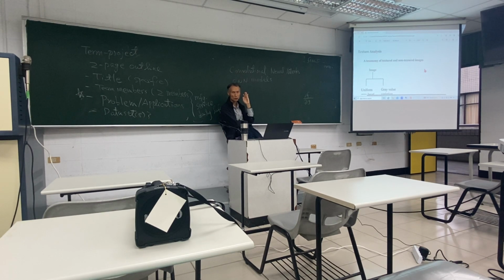So I will take this opportunity to introduce the so-called diffusion model. And also I will introduce the so-called masked autoencoder. The masked autoencoder was developed by He Kaiming. You must know this guy.